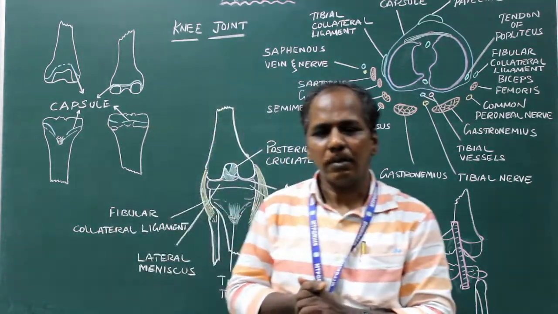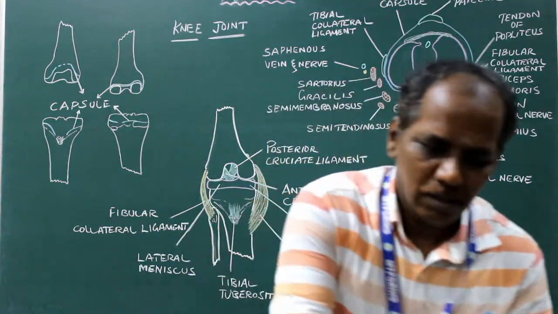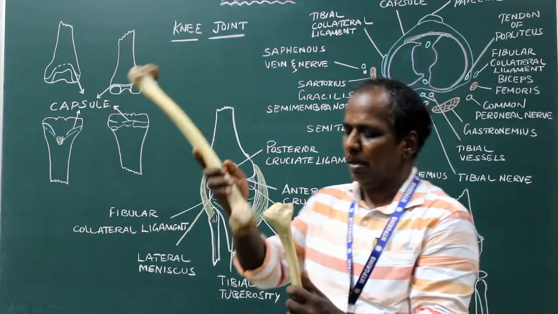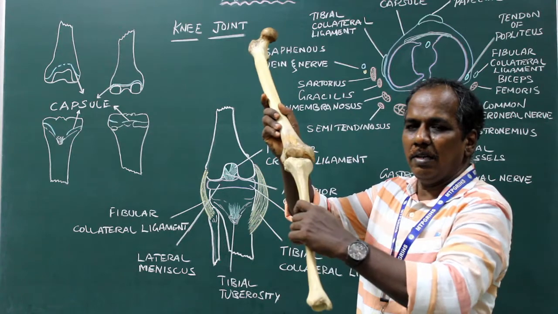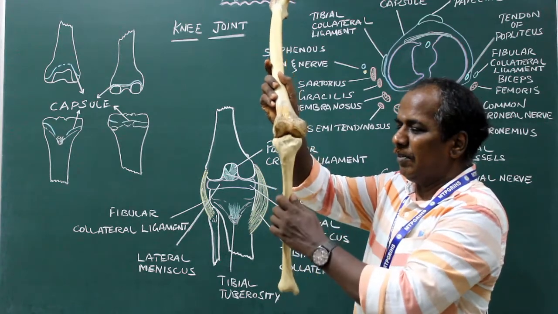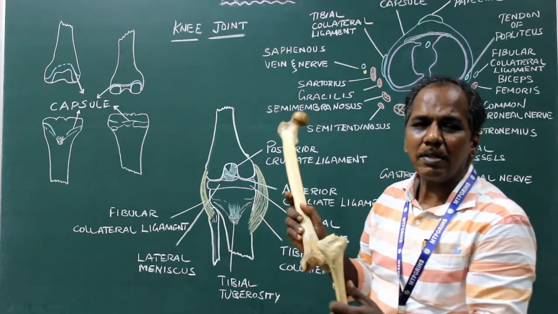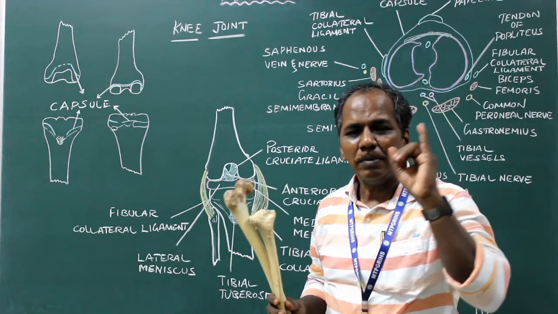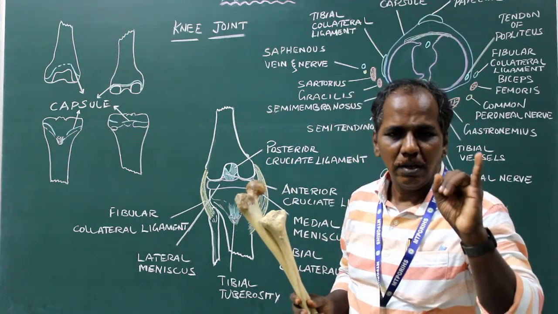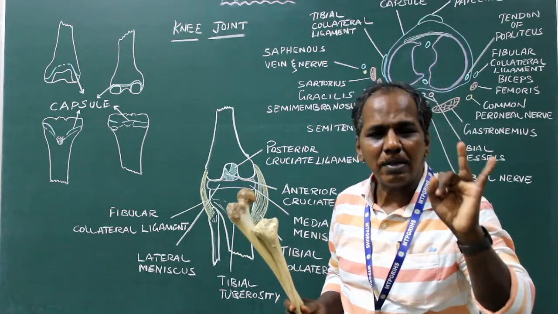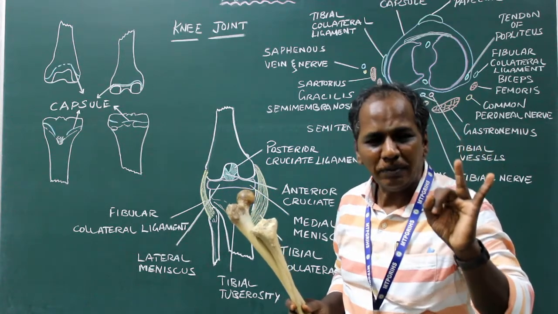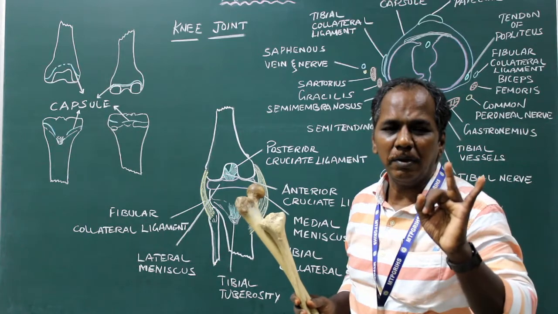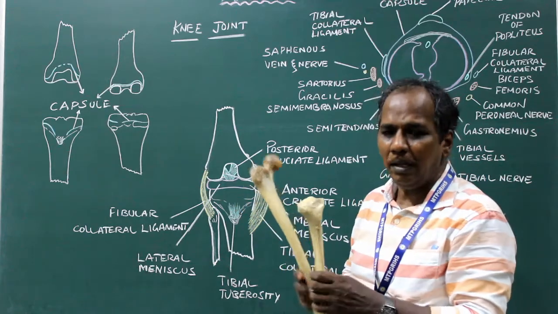Movements. Flexion, extension. So flexion of the knee joint. The muscles responsible are number 1, popliteus, number 2, hamstring muscles, that is semitendinosus, semimembranosus and biceps femoris.